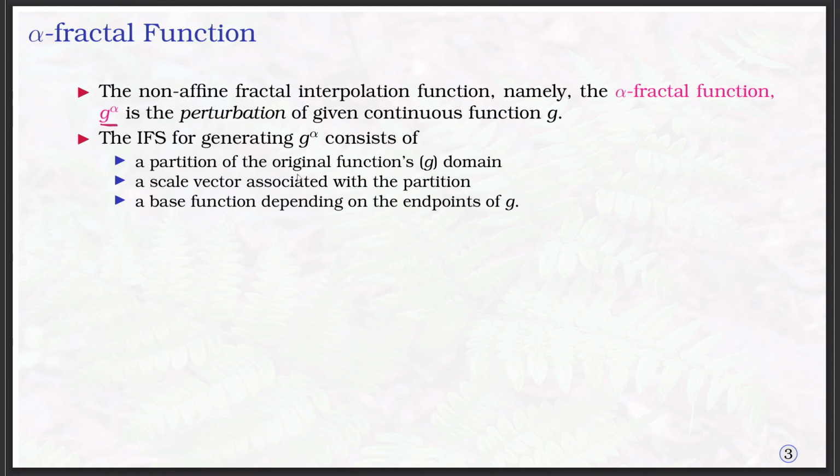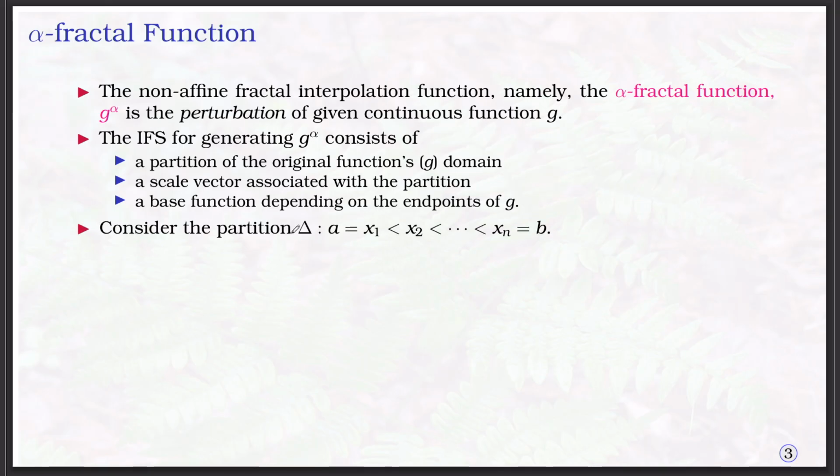One is a partition of the domain I on which g is defined, that means the data points on the x axis; a scale vector associated with the partition, that means the vertical scaling factor alpha i in each interval; and a base function depending on the endpoints of g, that means the function b. So, this g alpha depends on the partition of I, the scale vector alpha i and the base function b.